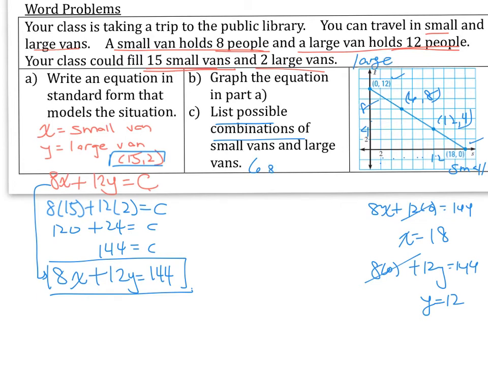So 6 small, 8 large. 12 small and 4 large. So you can list more if you like, but this is good enough.